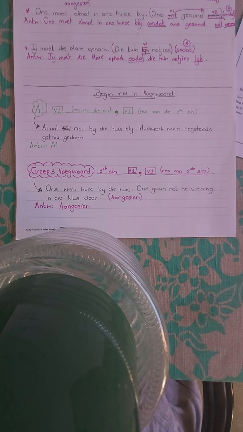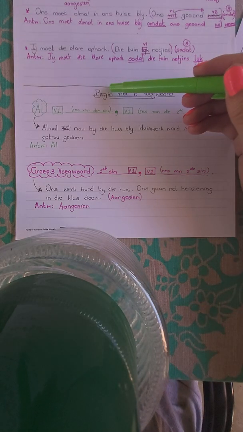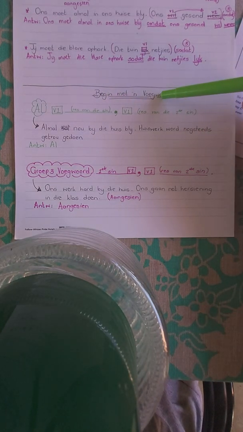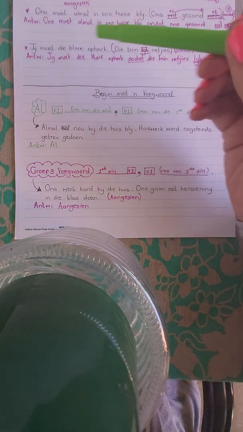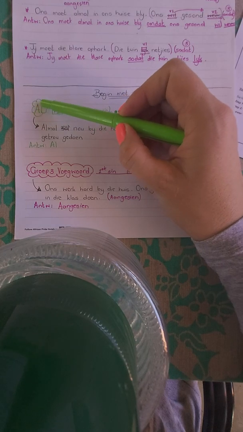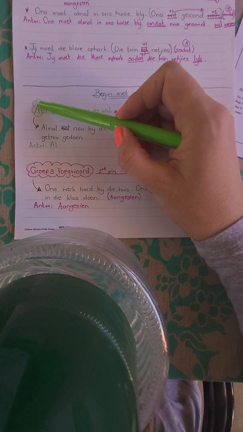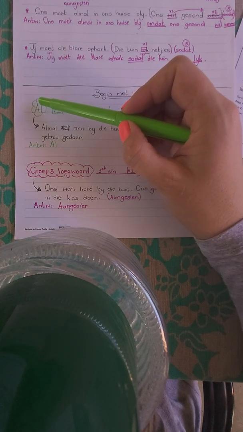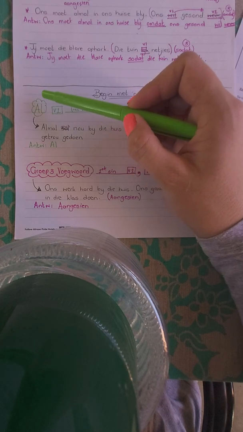We have to also know how to start with a conjunction. In order for you to start with a conjunction, it's crucial that you understand the rules that go with it. First of all, al is the only group 2 conjunction that you are allowed to start with. You are not allowed to start with anything in group 2 but al.